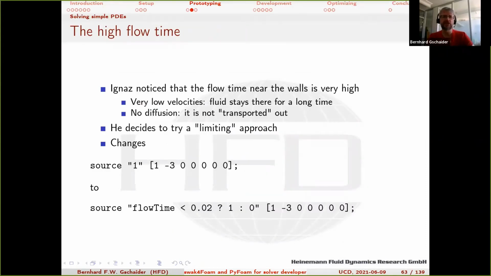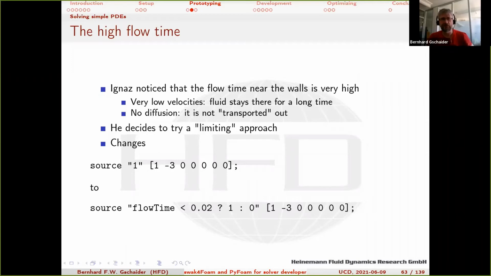So what we have seen before, when I showed you the converged flow times, is that there were very high flow times near the walls. That is understandable because near the walls there is a very low or almost zero velocity.